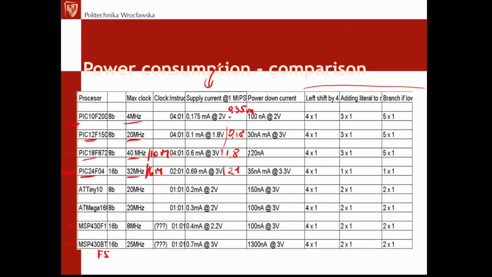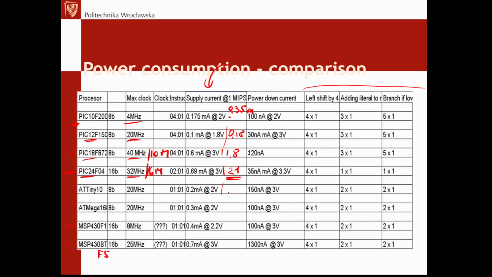But nominally, PIC24 is more than twice as fast. It's about 3 times faster than PIC18. So if I were to choose, I would choose definitely PIC24 over PIC18. Naturally, for low power, they are much worse than the smallest PIC12.